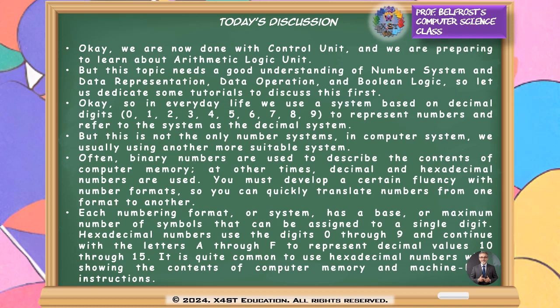Okay, it's quite common to use hexadecimal numbers when we're showing the contents of computer memory and machine instructions. For example, when we are doing memory addressing in assembly language later, we'll often use hexadecimal numbers.